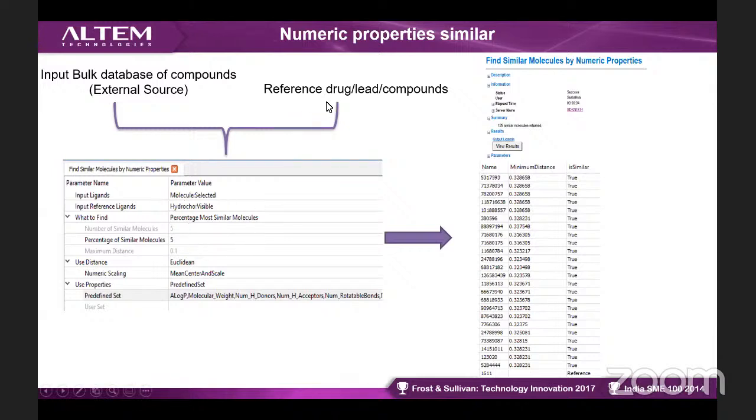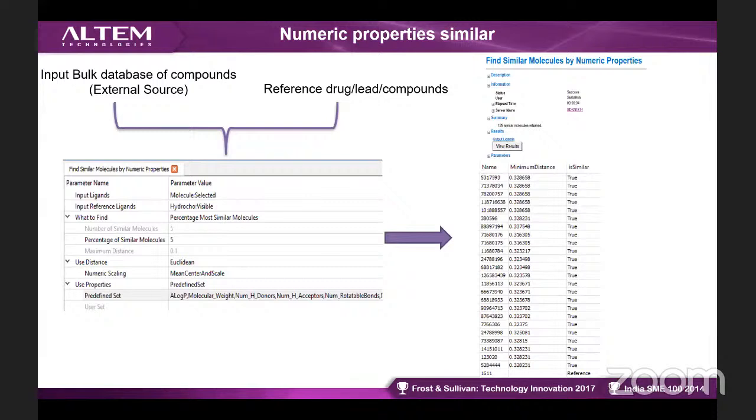In the small molecules section, I have a protocol called Find Similar Molecules by Numerical Properties. Once I select that protocol, I have to give the input ligands, which is nothing but your database of molecules, and the reference ligand, which is the molecule you want as a reference.